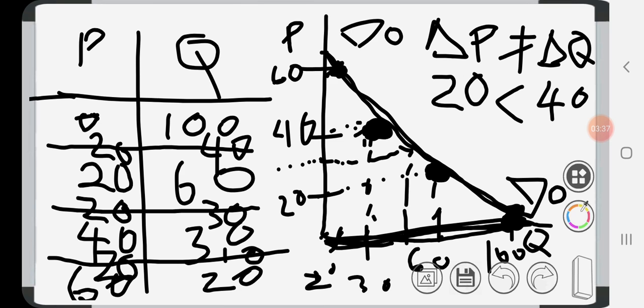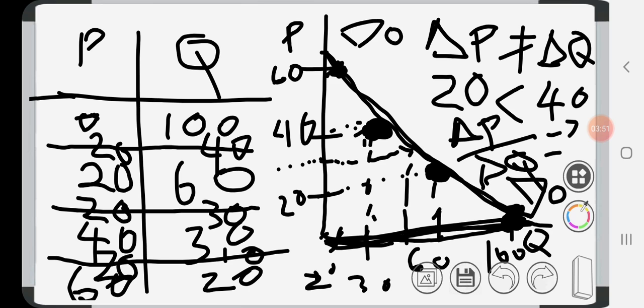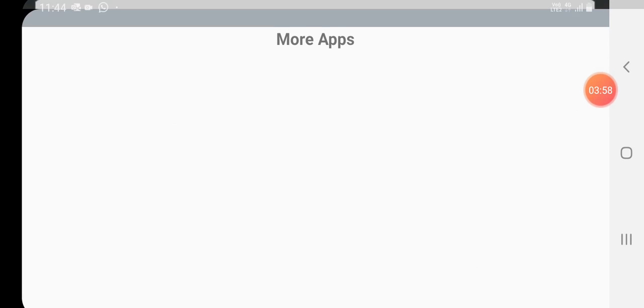So, in mathematics, we would say this would be the derivative, which would be the change in price over the change in quantity, meaning 20 over 40.